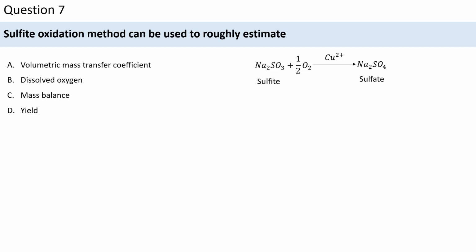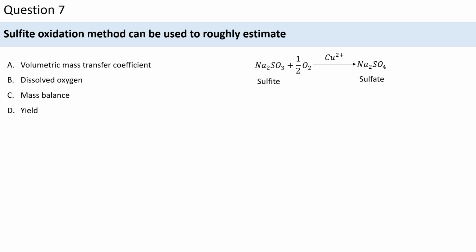That didn't happen with other aeration rates and rpm combinations. But at a particular aeration, for example 3 liters per hour and 600 rpm, you got 90% conversion from sulfite to sulfate.